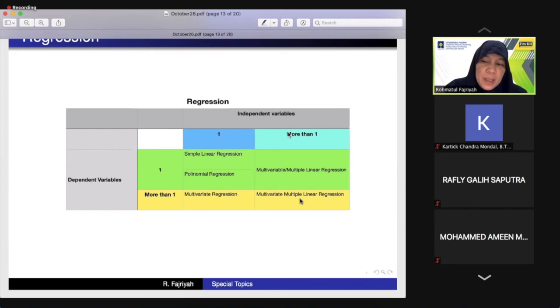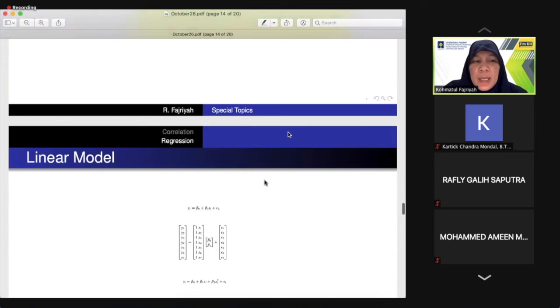Keep in mind that mostly in our exercises the dependent variable is only one, so it is only this green area. But if for your final project you would like to use the yellow area, please let me know.